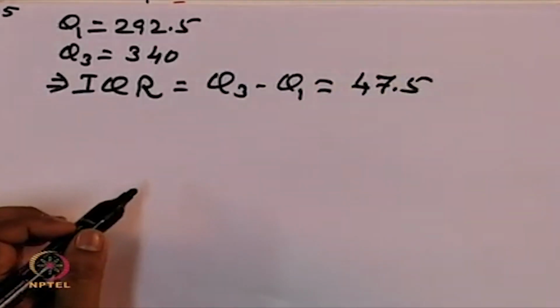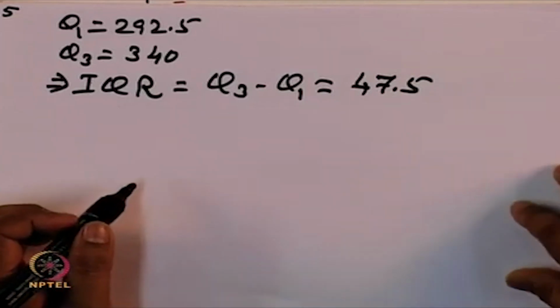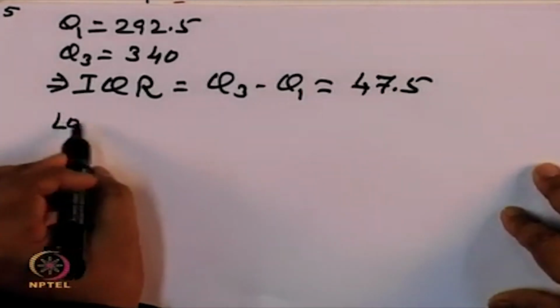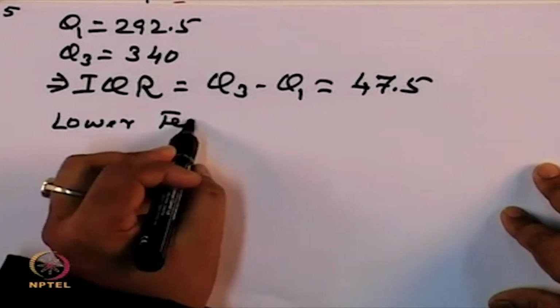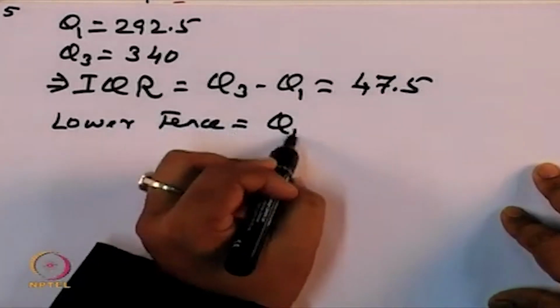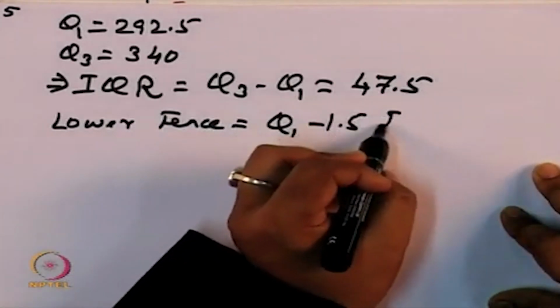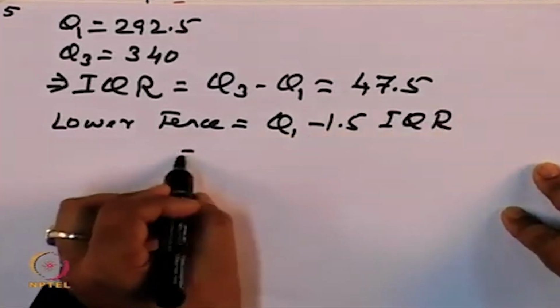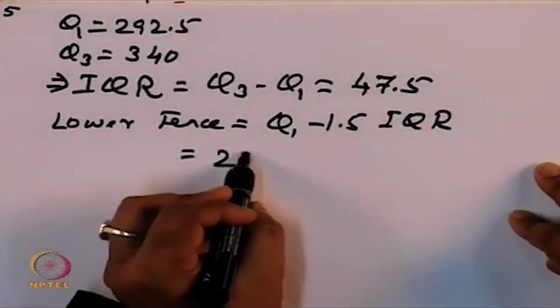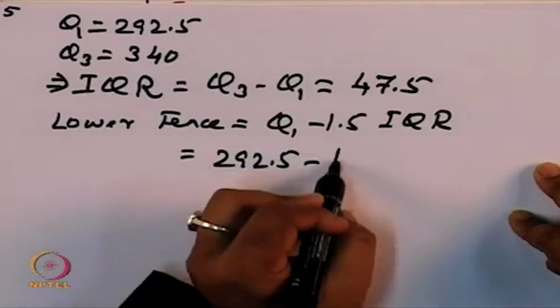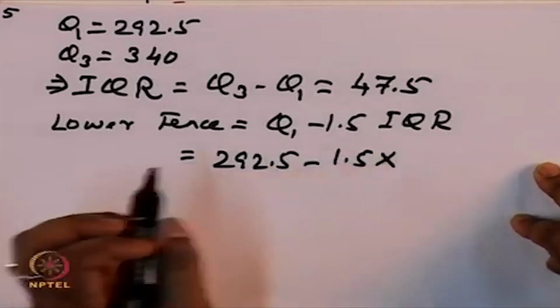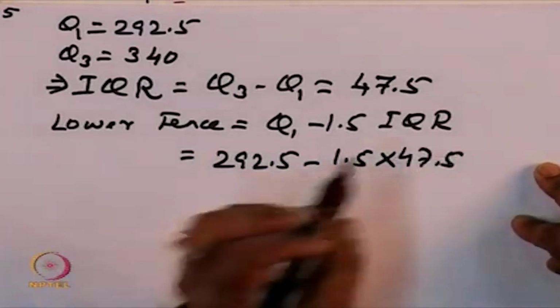Okay. So now we know the lower fence: Q1 minus 1.5 times IQR, Q1 is 292.5 minus 1.5 into 47.5.